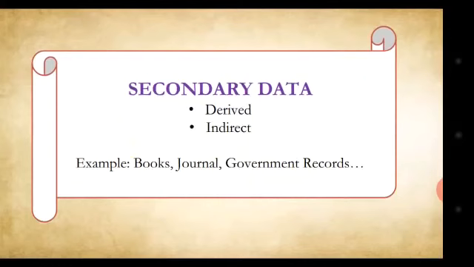Books are already published, so whatever data is essential for me, I start extracting from the book. In the same way with journals: suppose I want to know the different methods of sampling, we already have many books and articles on it, so I just start extracting the essential information.